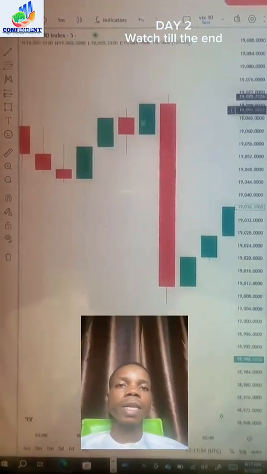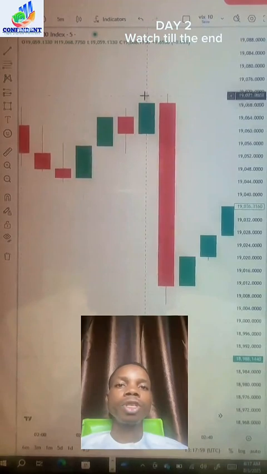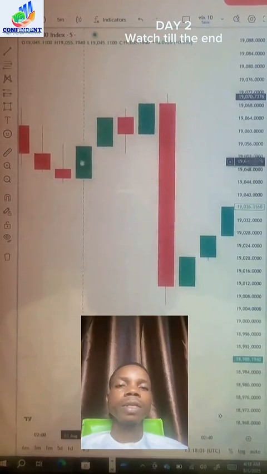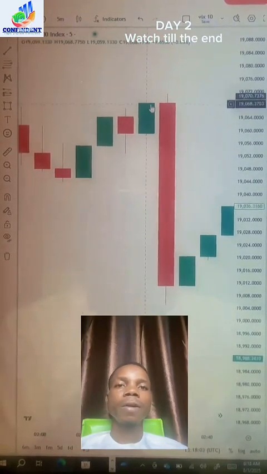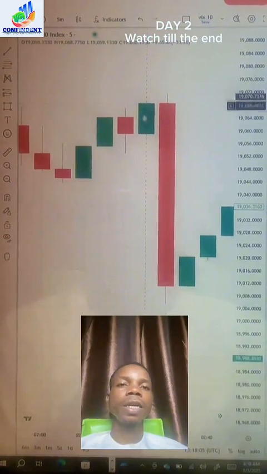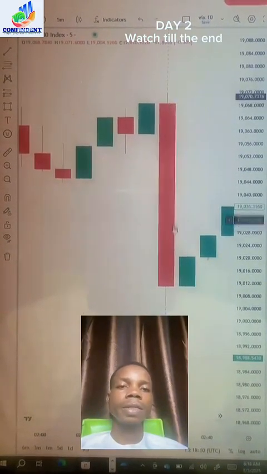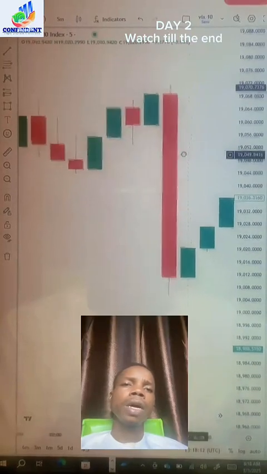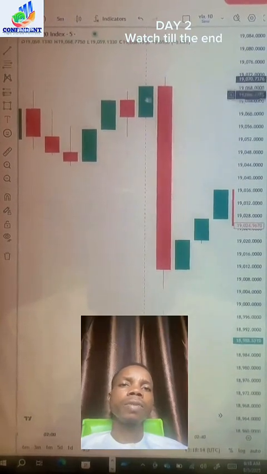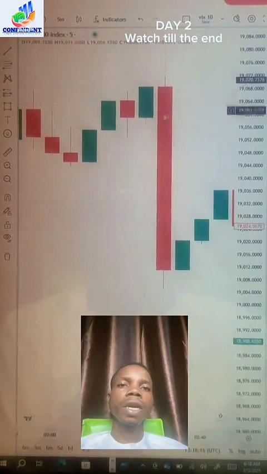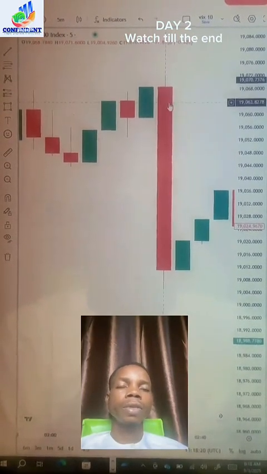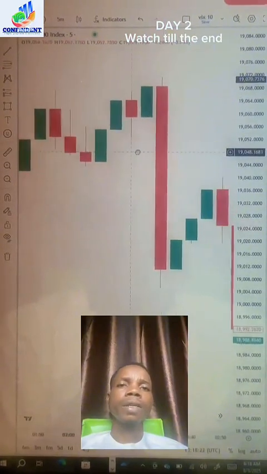Look at it here. This is a bullish candle. That means the price had been coming up, got to this stage, and this bearish candlestick took over the market and took the price downward. Look at it. This is a small body bullish candlestick, and this is a big, thick body bearish candlestick. Now, what is the psychology behind this formation?